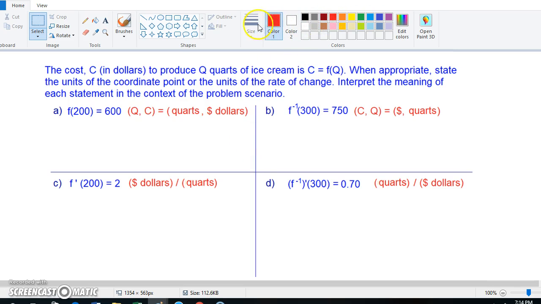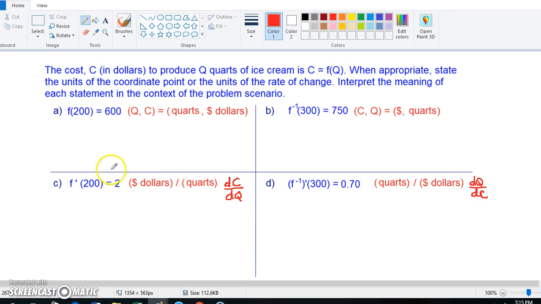So you need to think about the change in y over the change in x. Or in our story, we could call this the change in dollars over the change in quarts. I guess I should use my variables with Leibniz notation, dC/dQ. But the inverse rate of change will be dQ/dC.